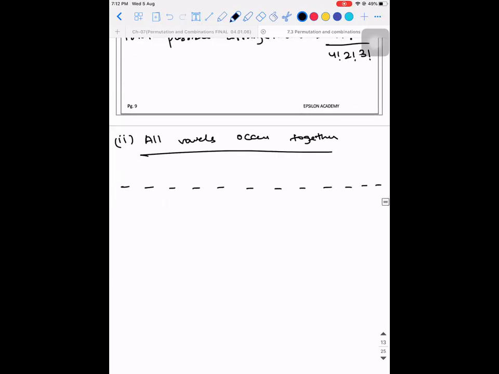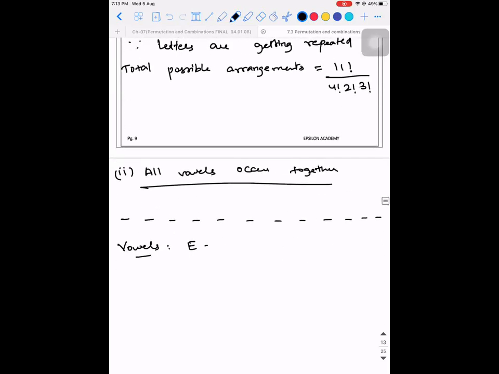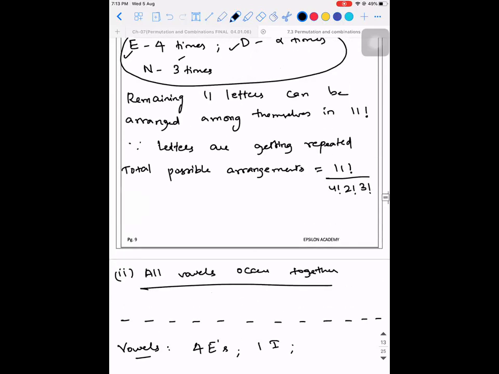So independence, what are all the vowels I have? E, how many times? 4 E's and 1 I. That's it. Anything else?